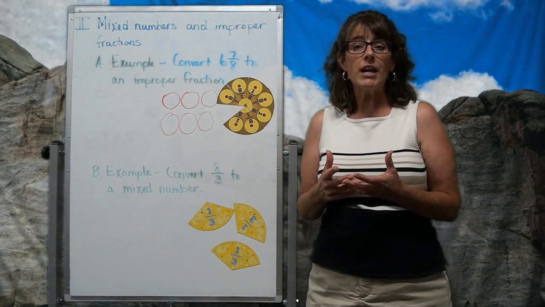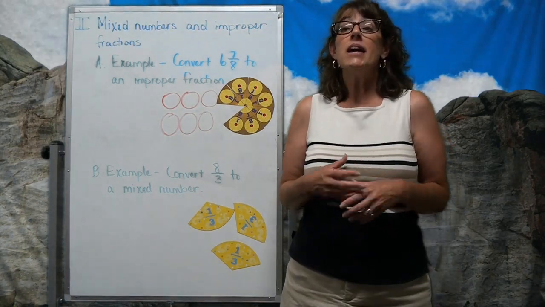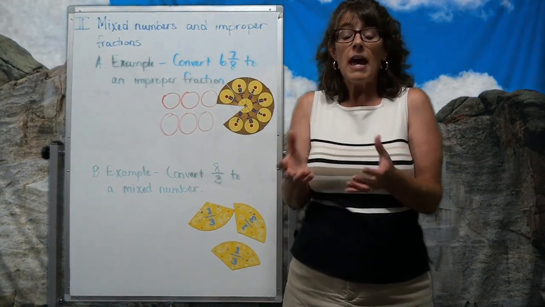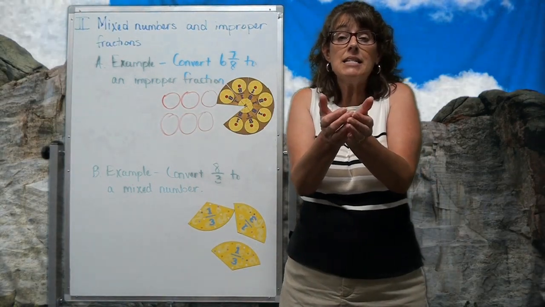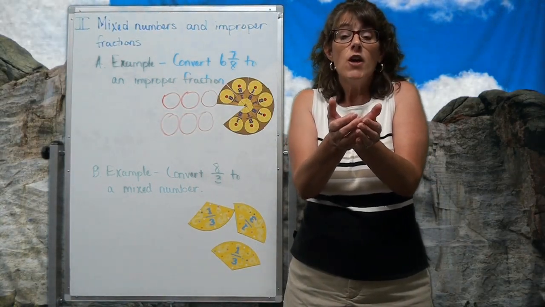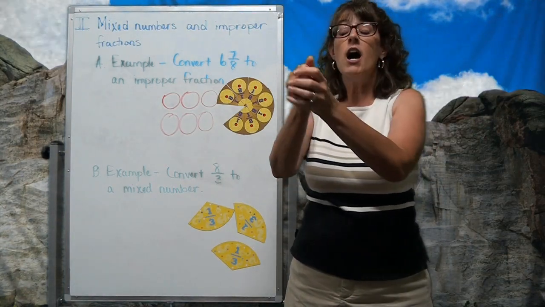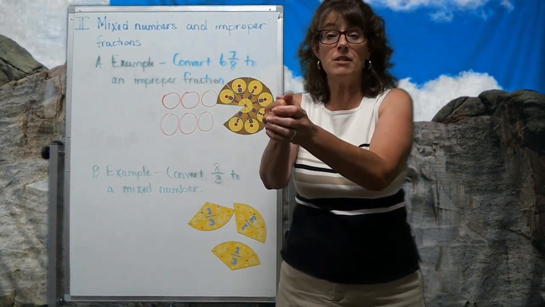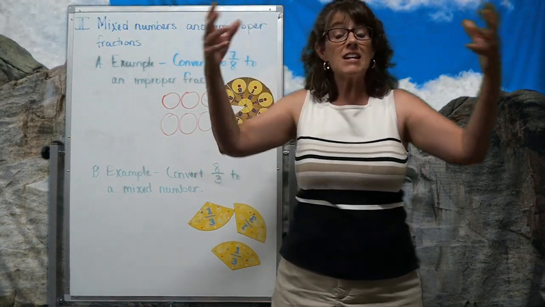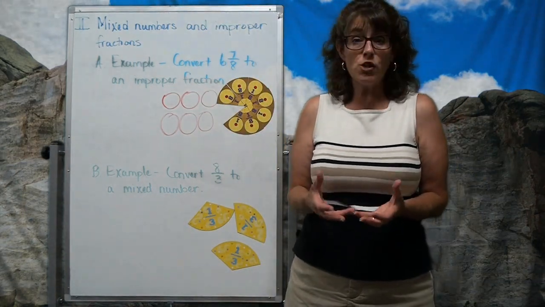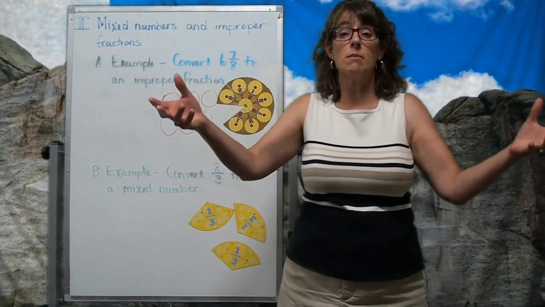Or another way of looking at it is, let's say that I want to give candy to my friends, and in each bag of candy I have 8 pieces of candy. So I have one whole bag of 8 pieces of candy to give to a friend, another whole bag of 8 pieces of candy to give to a friend, and I've got 6 whole bags, each of them with 8 pieces of candy to give out to my friends.